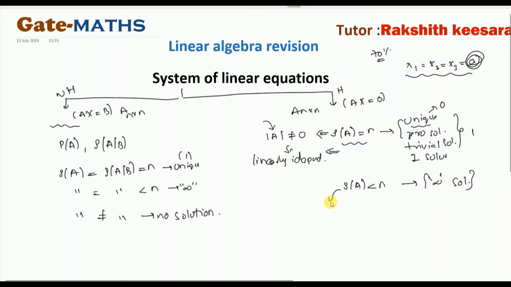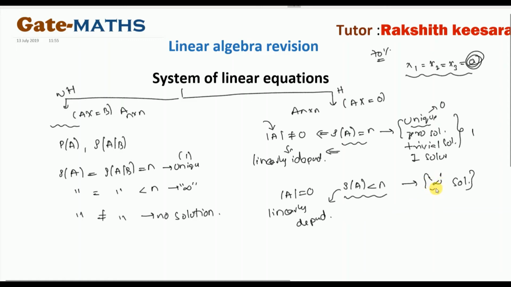If you see this case, they are linearly dependent. And the condition for linear dependency is det A should be equal to 0. If det A equal to 0, then only rank A will be less than n, right? In this case, the most important question is find the number of linearly independent solutions.